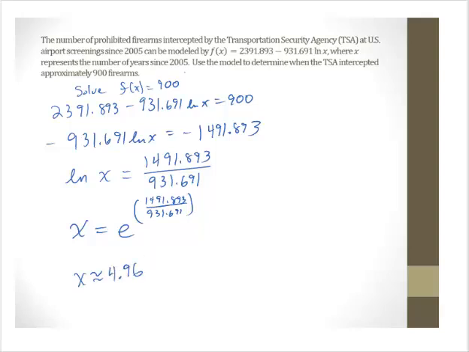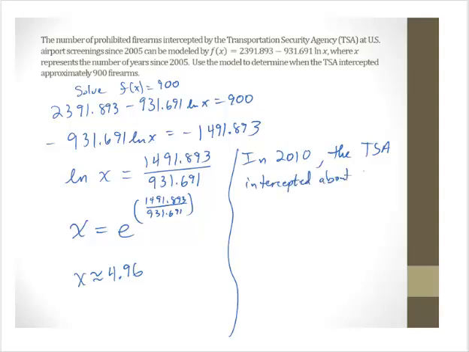And so this is number of years since 2005. So about 5 years later, in 2010, the TSA intercepted about 900 prohibited firearms.